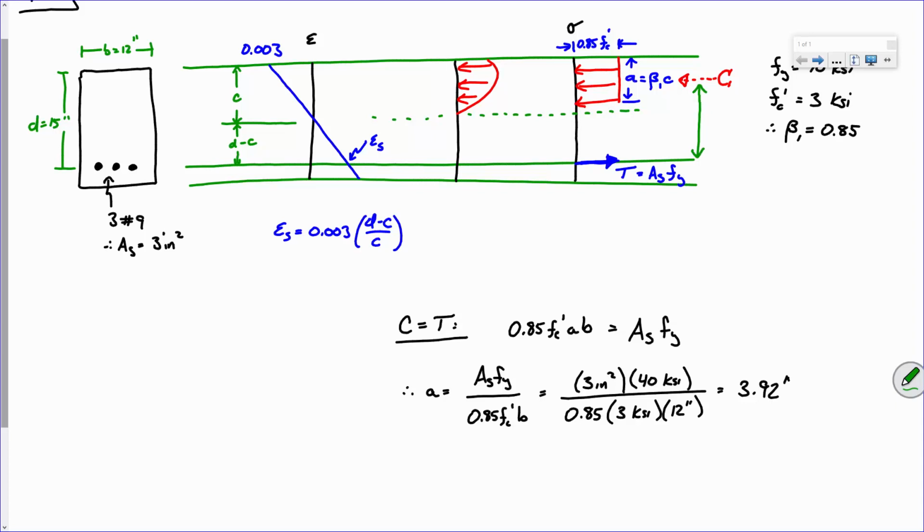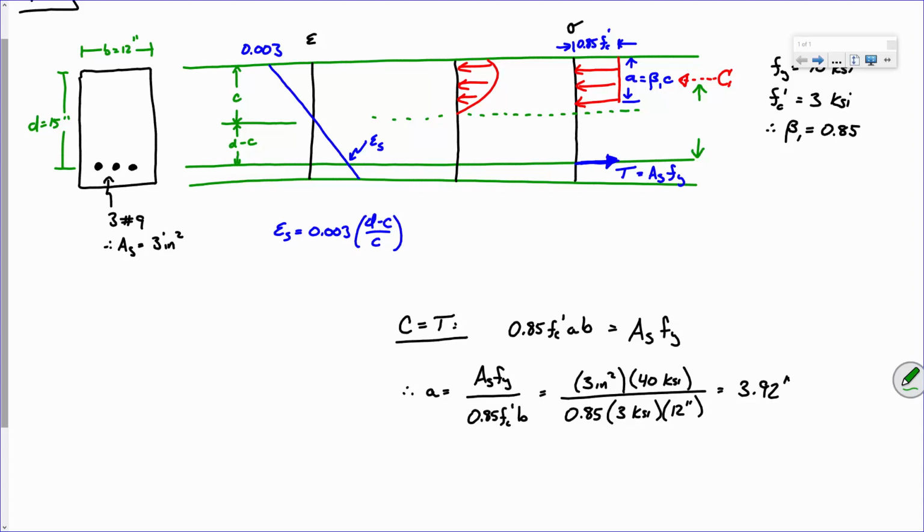What is that moment arm between those two forces to generate that force couple? Well, from the steel to the very top is d, right? And from the top to that compressive force is not a, it's half of a, right? So my moment arm is d minus a over 2.